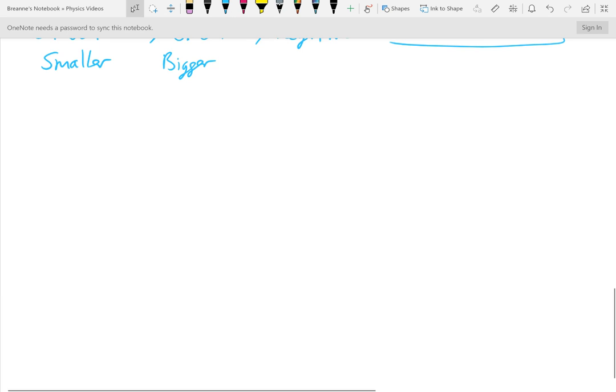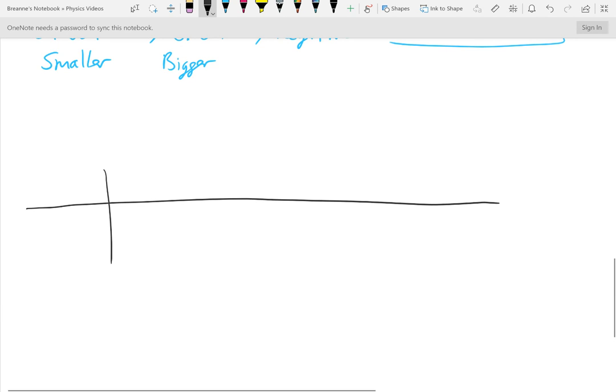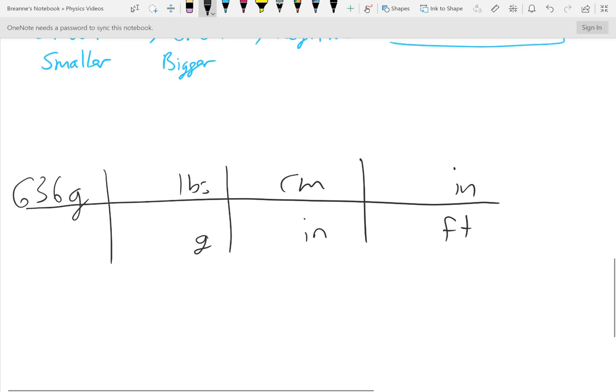So now the next one I'm going to do is the one where you had to fill in the blank. We gave you the pathway and you had to fill it in. This one is harder than a lot of people thought because we are forcing you to go a certain pathway. We gave you your starting point, grams, and we wanted you to go from grams to pounds, and then from inches to centimeters, and then from inches to feet.